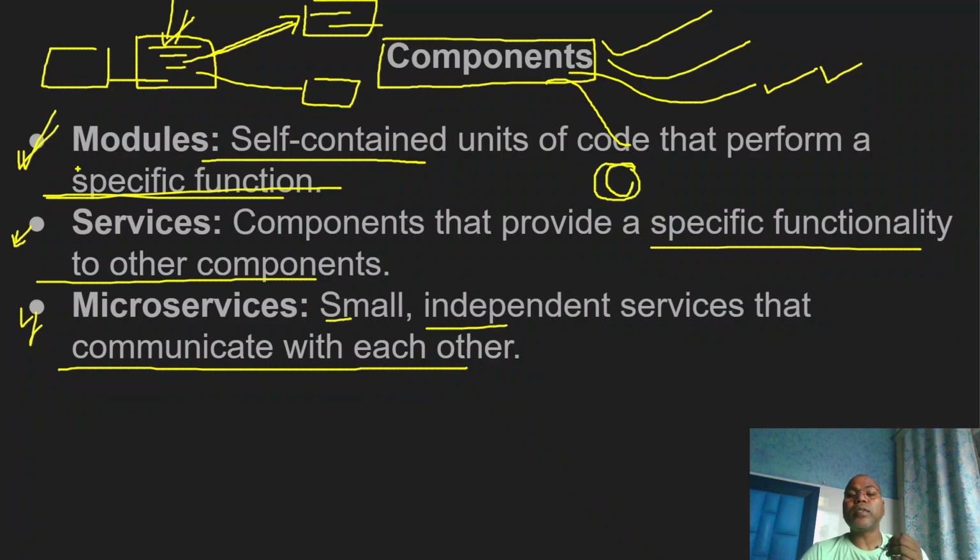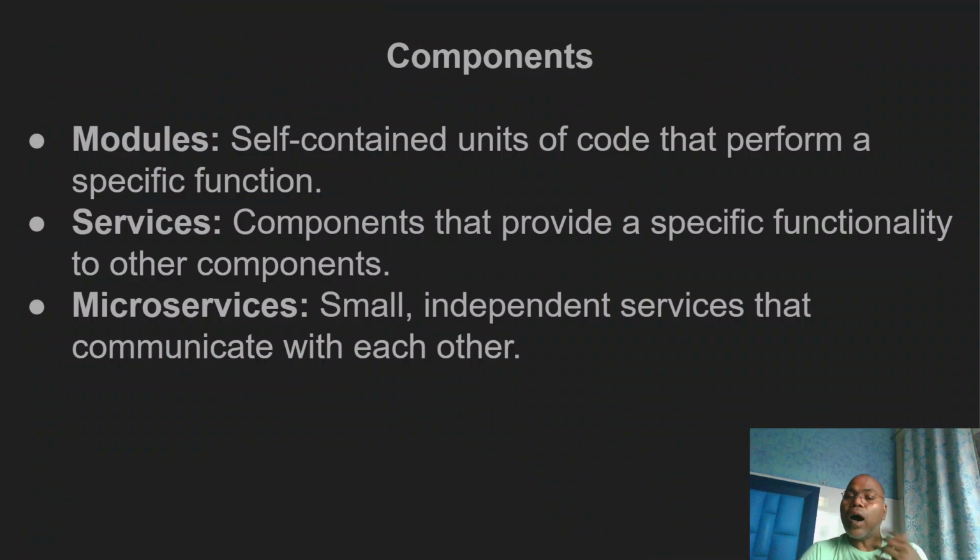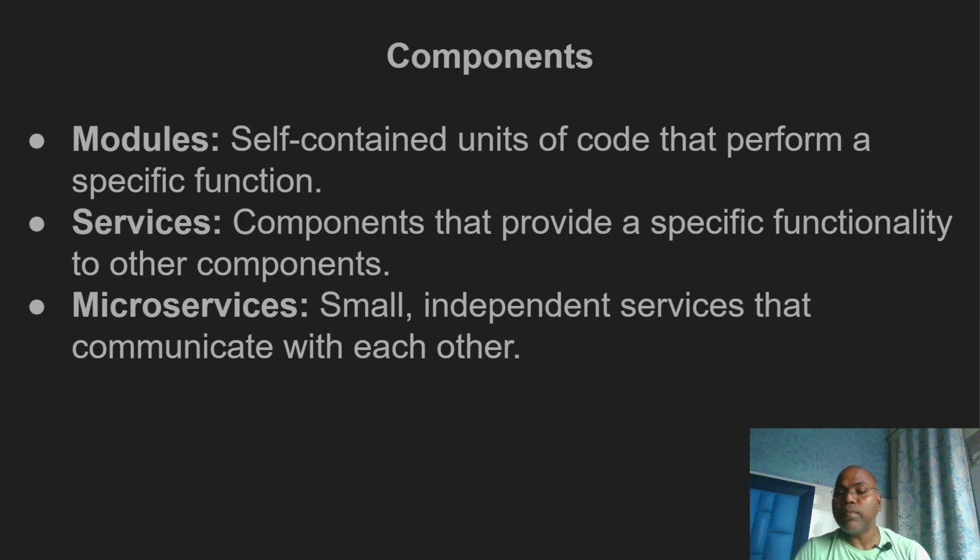So here components can refer to a module, a service, a microservice, or maybe any other existing application. It can be one component where my module can communicate with other components. So component means a specific function, a specific requirement that it can serve.